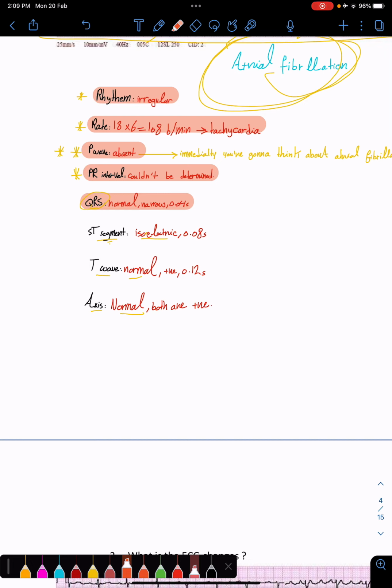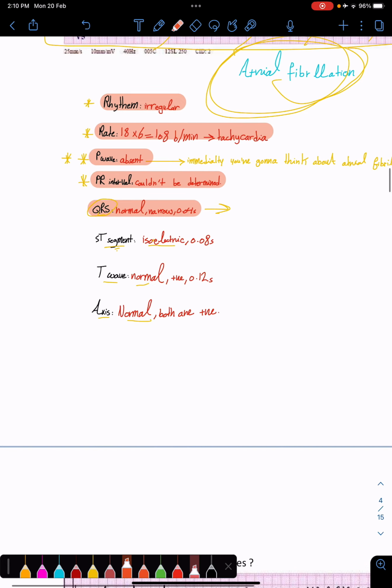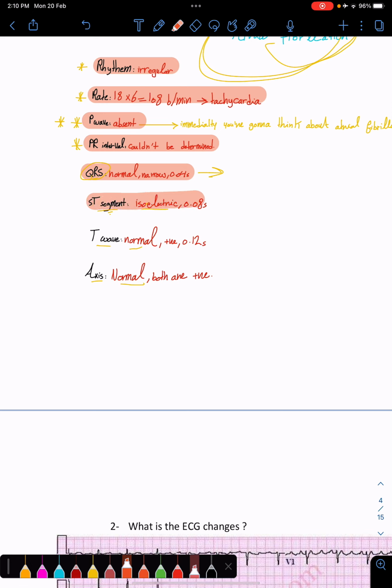The QRS is related to the, I'm sorry, it's about the depolarization of the ventricle, so that's why it's normal. Okay, the ST segment is normal, and the T wave is normal. Since there's no problem in those things, that indicates that we have a normal ventricle.